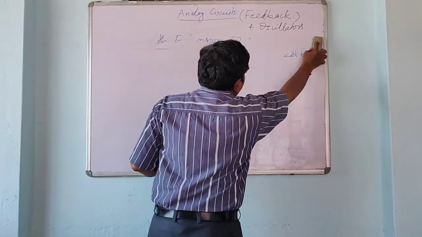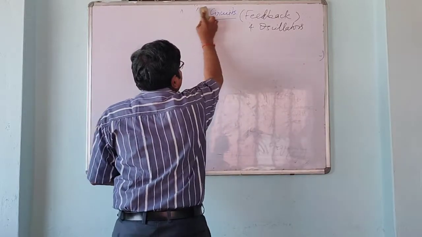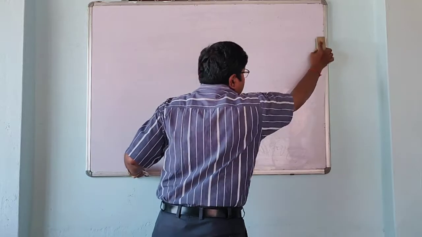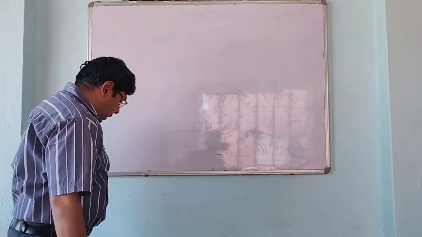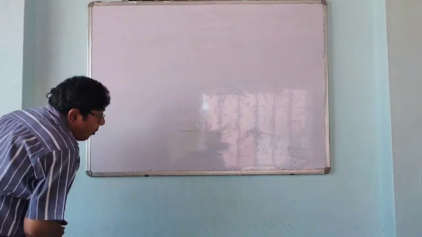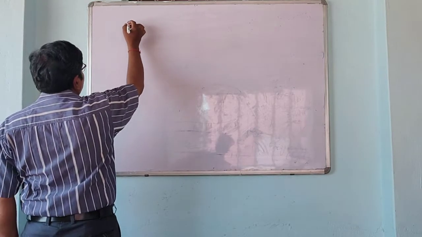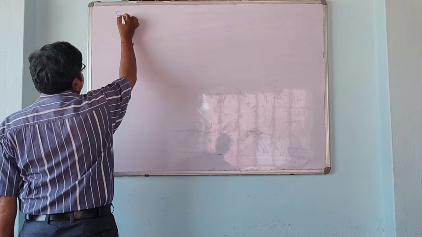By using feedback, upper 3 dB frequency is increased and lower 3 dB frequency is reduced. So we have three equations. One is for high frequency.